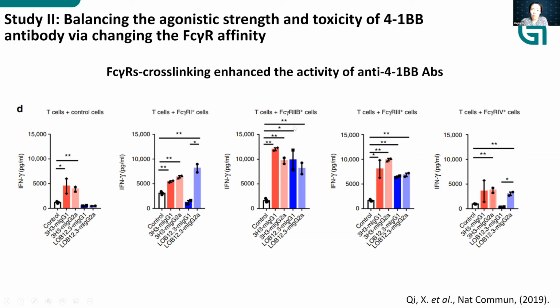However, it also makes sense because the FcγRIIb is capable of doing the cross-linking, which by and large will be able to enhance even more of the activation of the FcγR response.